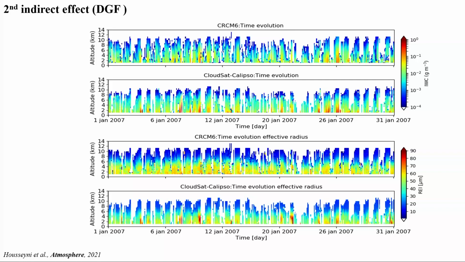Below that, the two plots are effective radius of the crystals predicted by the model, and retrieved by the tandem of the two sensors. What we find is they generally agree, and not too badly, but the model tends to underestimate ice water content and the effective radius of the crystals.